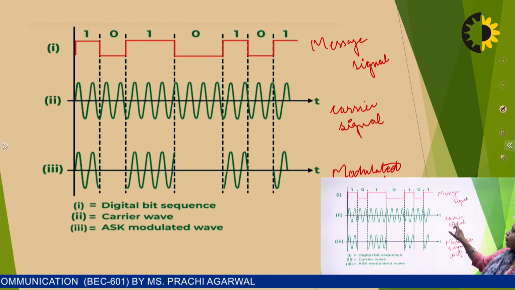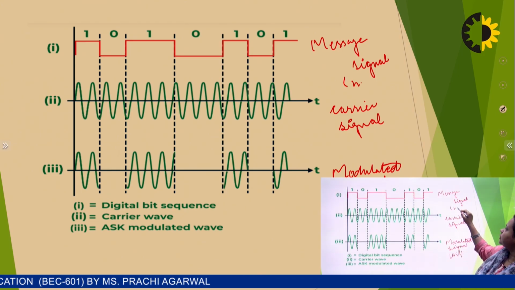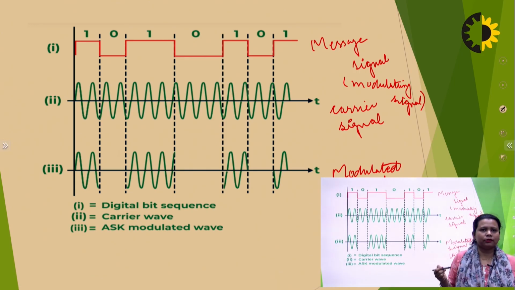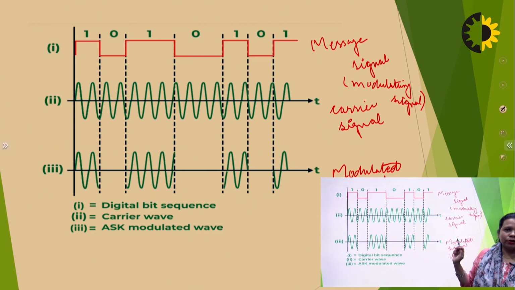So do not get confused. This is the message signal, or we can say it is also known as the modulating signal. That means it is going to modulate, right? The carrier signal we all know is a high frequency signal, and the modulated signal is that which actually got modulated. So this is the modulated signal.